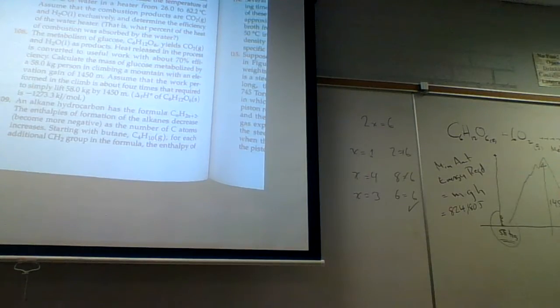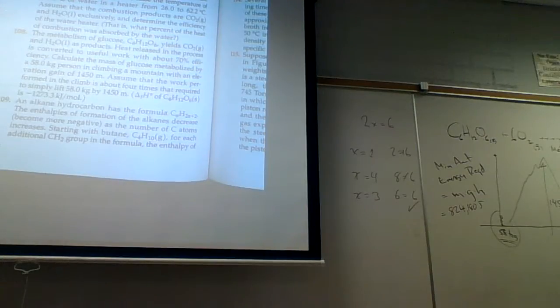We have to worry about the efficiency. Remember when we were talking about limiting reagent? If you have a party, you need 100 cookies, right? You better bake some extra, because you might lose some, or some might break, or whatever. Well, we already know we're going to lose some of this energy. We aren't going to have all this energy in the form we need. And so we're going to have to bake extra energy into the equation.